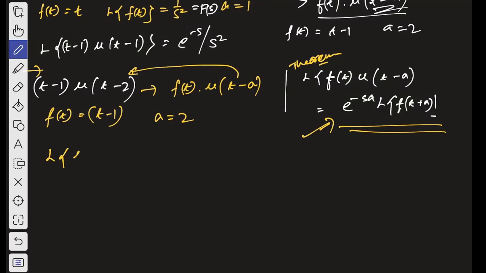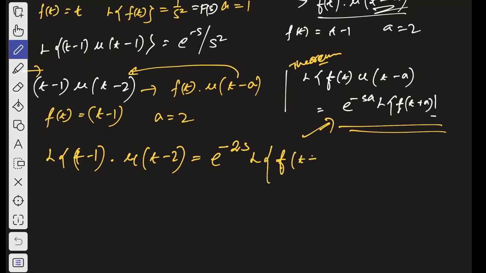Laplace transformation of t minus 1 into u of t minus 2 is going to be equal to e to the power minus 2s, since here the value of a is 2, then the Laplace transformation of f of t plus 2.